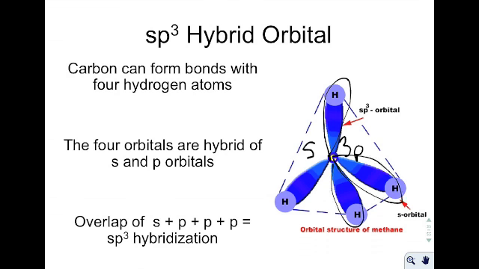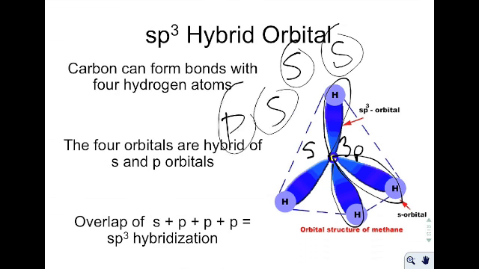So to make all of these energy levels equal, or all of these bonds equal, you have what's called a hybrid orbital as opposed to an s and an s overlapping, and then a p and an s. What happens is it creates a hybrid orbital which makes all of them the same energy.